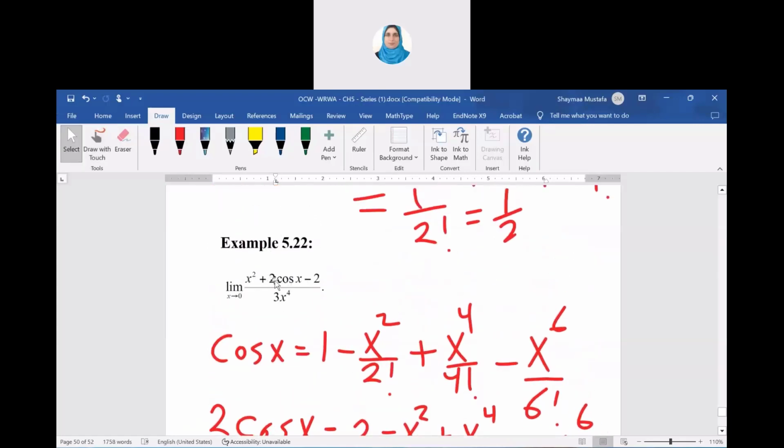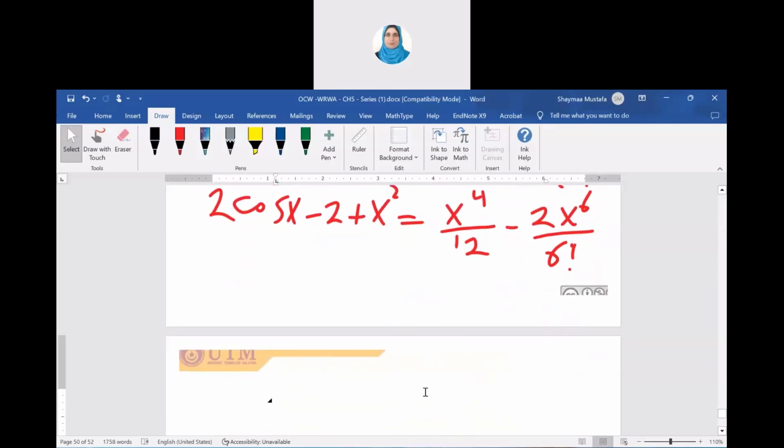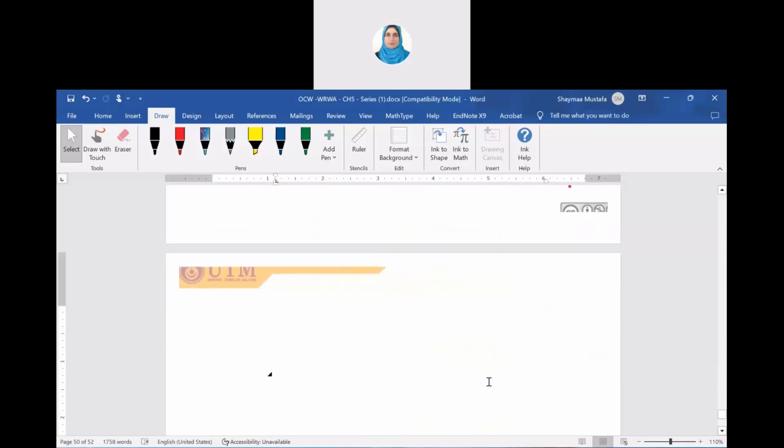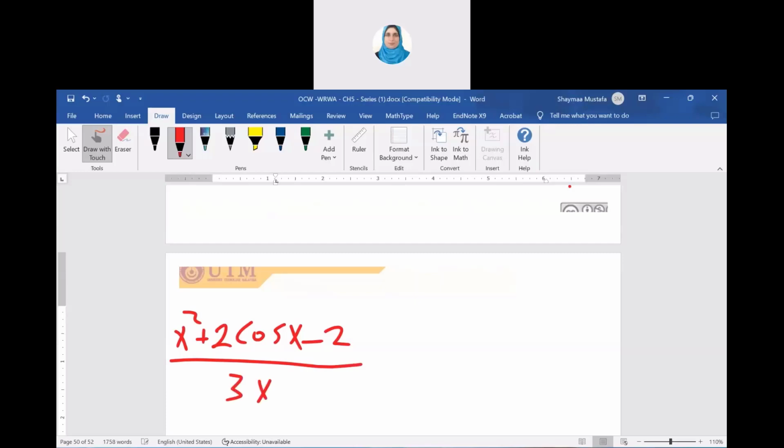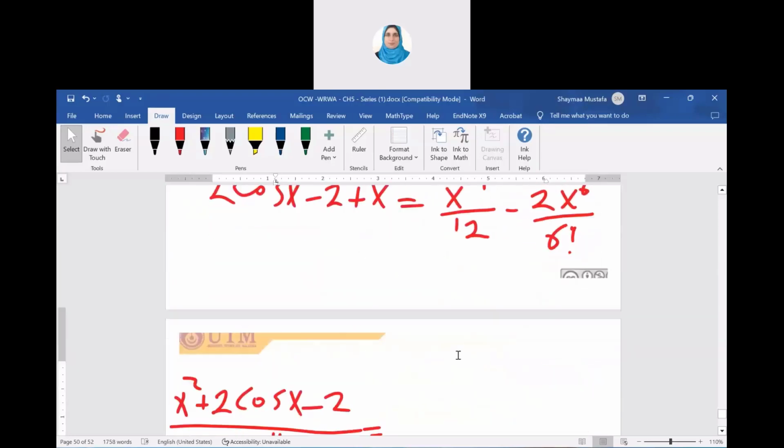Okay, now we have 2 cos x minus 2 plus x squared divided by 3x to the power 4. So you need to divide both sides by 3x to the power 4.